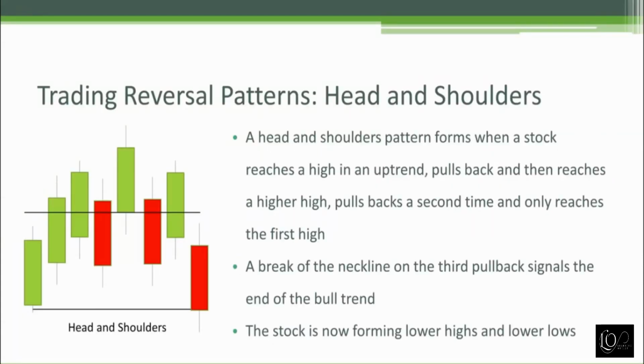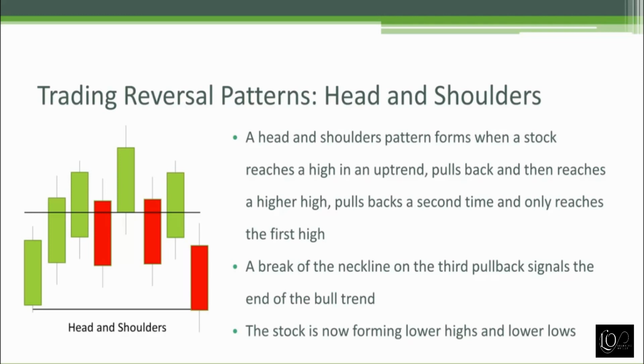In a head and shoulders pattern, a stock is in an uptrend. It reaches a high, pulls back, and then reaches a subsequent higher high. And at this point, the uptrend is intact as we're making higher highs and higher lows. The stock then pulls back a second time, attempts to make another high, and is only able to climb as high as the first high in the pattern.